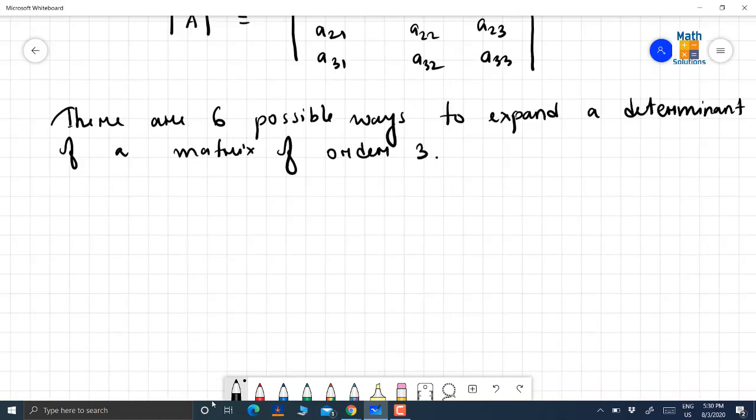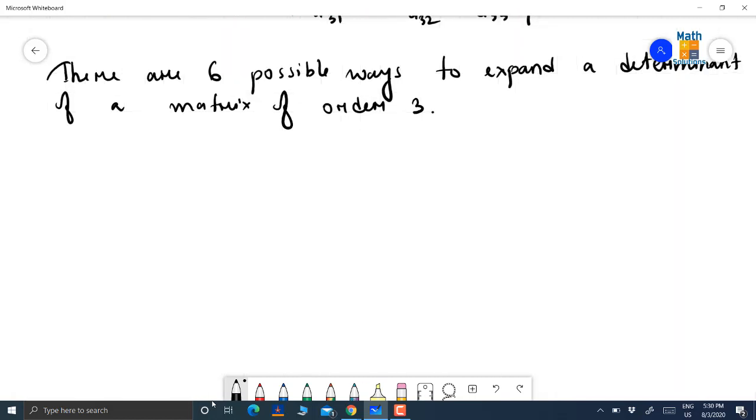These are what? These are along the first row, along the second row, or along the third row.